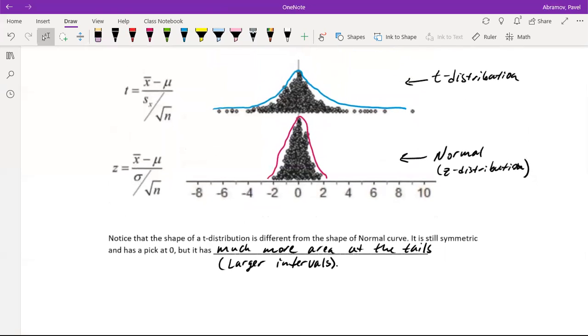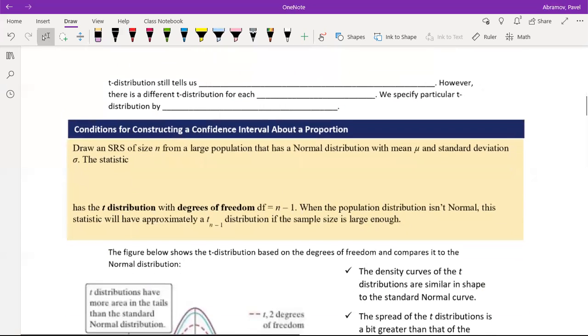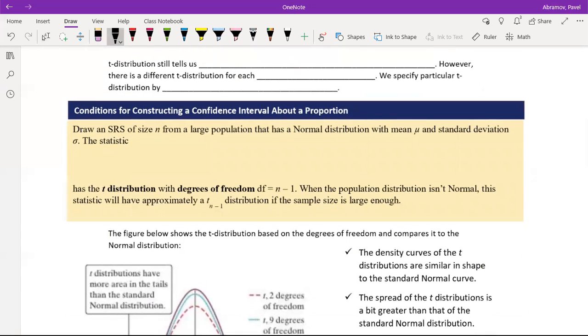Now, let's talk about the t distribution in a little bit more detail, because the t distribution is what we will have to use in order to find our confidence intervals. So the t distribution still tells us how far our sample mean is from the true population mean in standard deviation units.